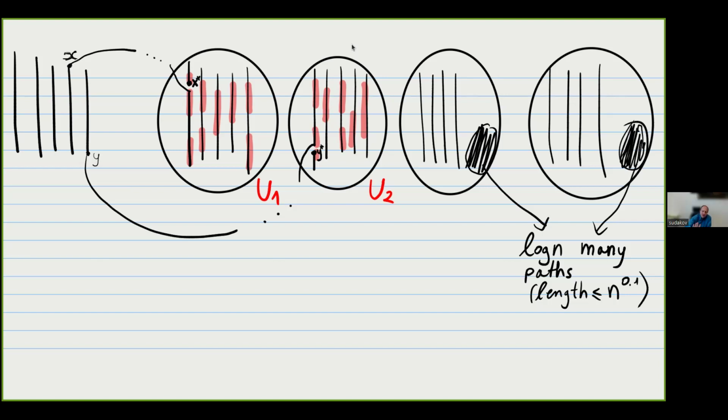Is your screen frozen maybe? Because we don't see any blue paths or blue vertices. The slides didn't change for us. This is annoying. So nothing changes; we're still on the picture with U1, U2, and the black points. Maybe I can stop sharing and then share again.